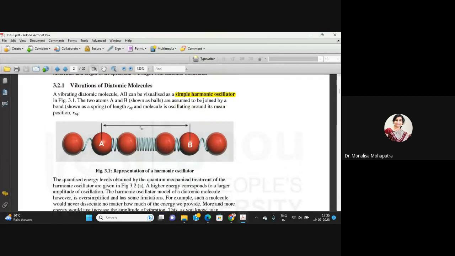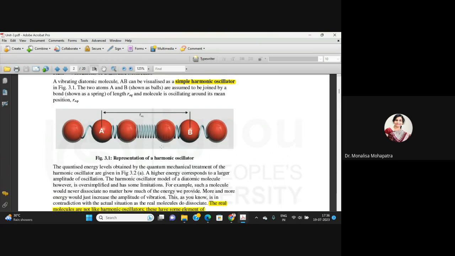These vibrating diatomic molecules behave like a simple harmonic oscillator. Both sides will swing evenly, and the bond in between is considered to be like a spring. In plus 2, you might have studied the simple harmonic oscillator. Here in your course it is not there in detail, I am just reminding you of Hooke's law.